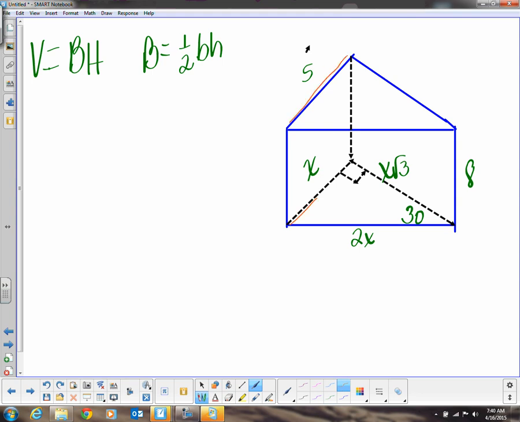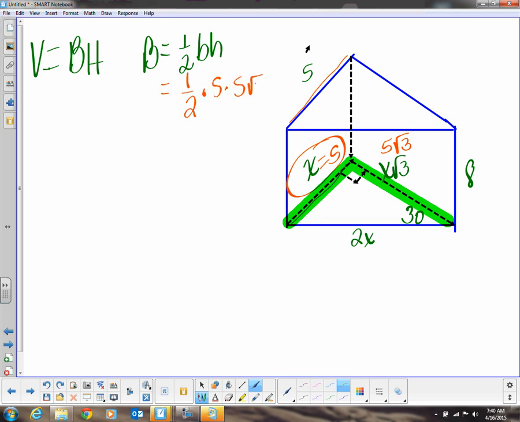That side's the same as that side, which means x is 5. So if x is 5, what is this? 5 square root of 3. Where's the perpendicular in my figure? Right there. So where's my base and my height? Right there. So when we go up here, we're going to say 1/2 base 5 height 5 square root of 3, or 25 over 2 square root of 3.